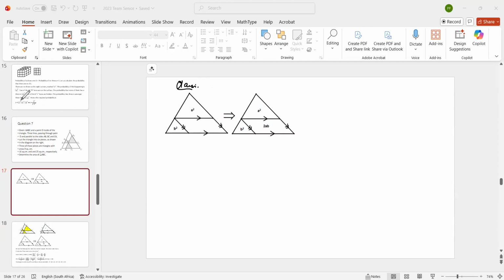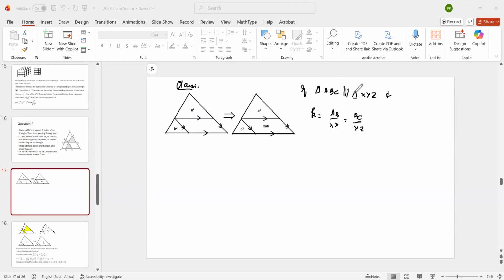But before we do that, I just want to talk about similar triangles. If triangle ABC is similar to triangle XYZ, that means that the sides are in the same ratio. Let's call it K. AB over XY, BC over YZ.